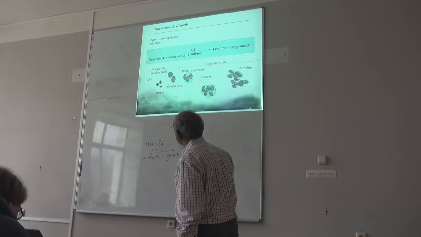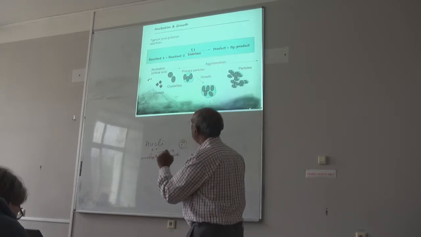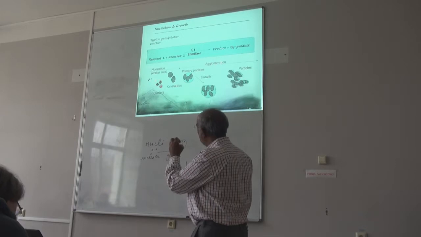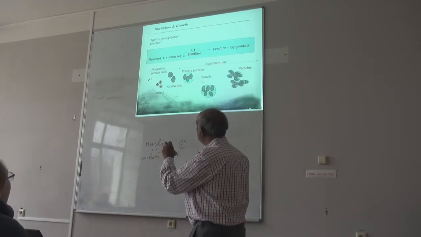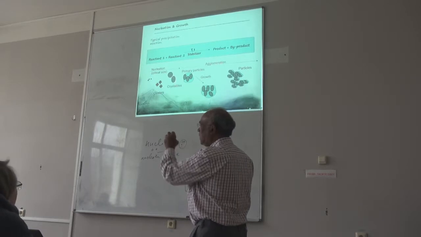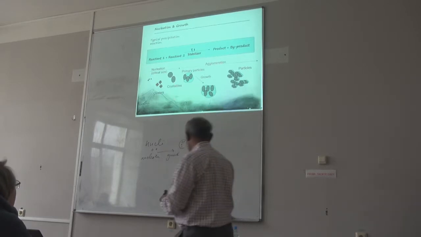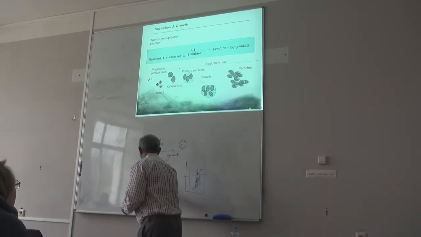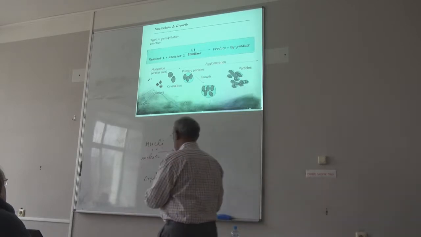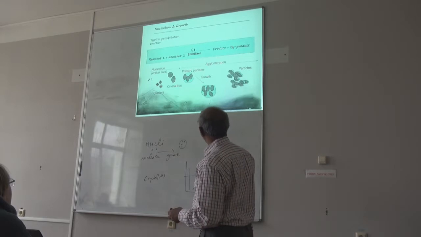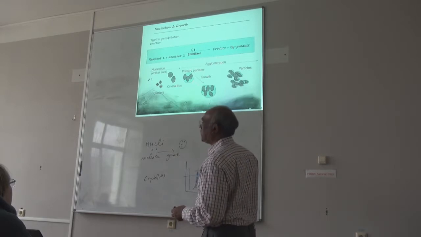These are the nuclei, the seed particles. Then they agglomerate and make small clusters. These clusters then combine and make something called crystallites. Not the crystal, crystallite. These crystallites then try to agglomerate, and that is the growth.